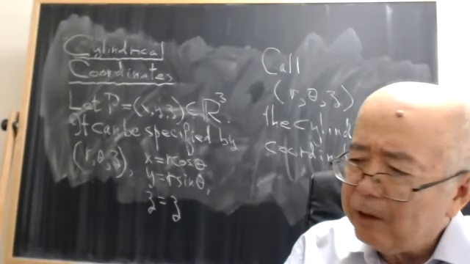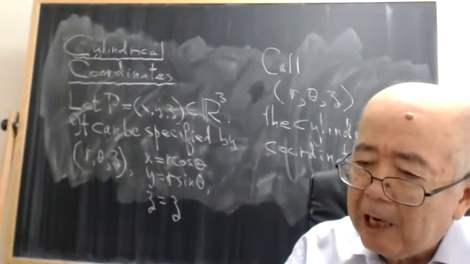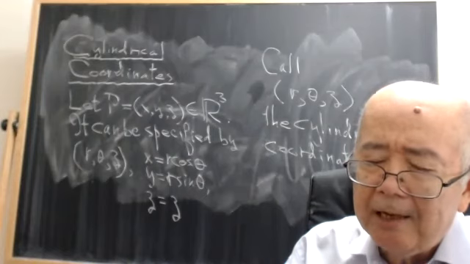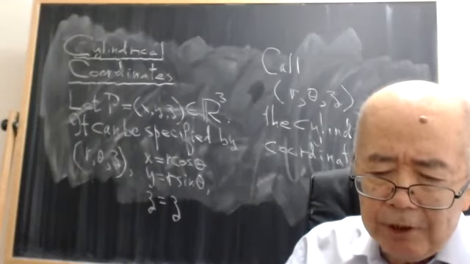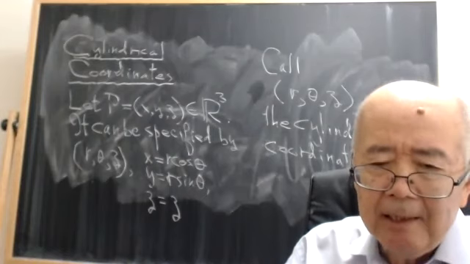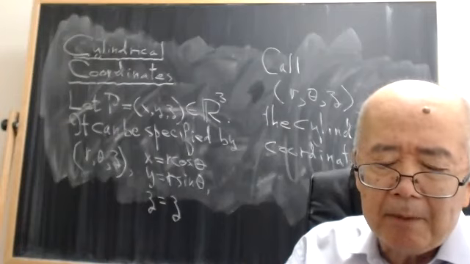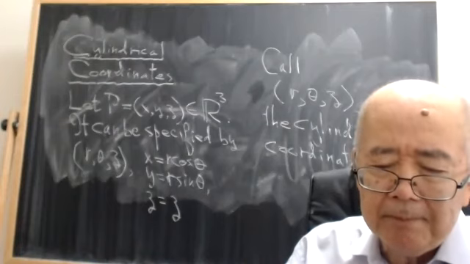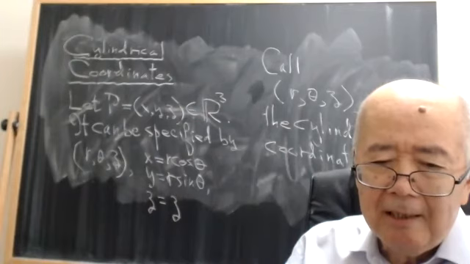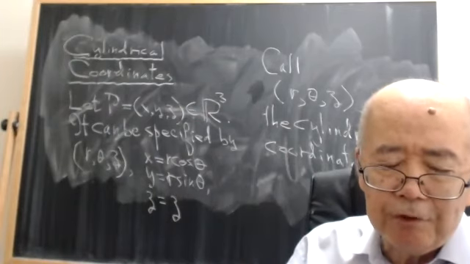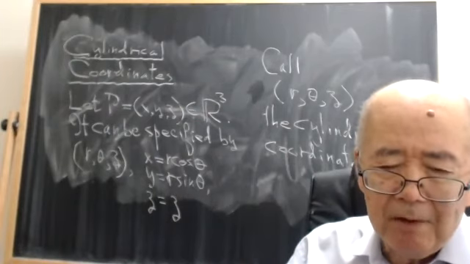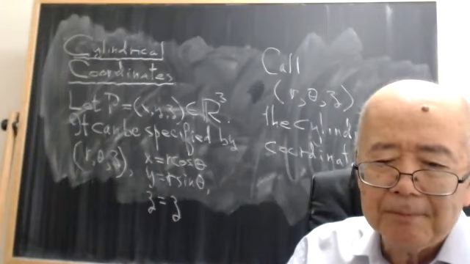But near the end of the lecture, if I have time, I may go back to a section in chapter 13, the maximum and minimum of functions of two variables with proofs.